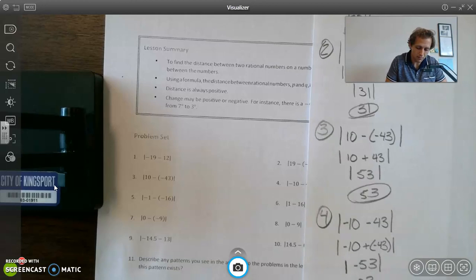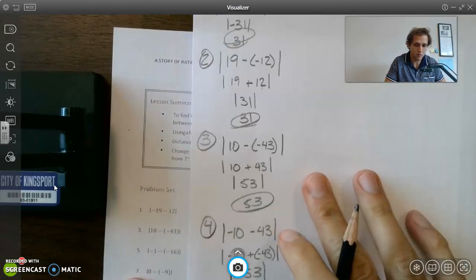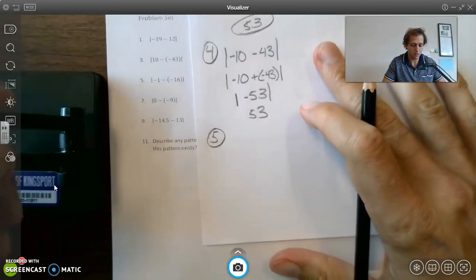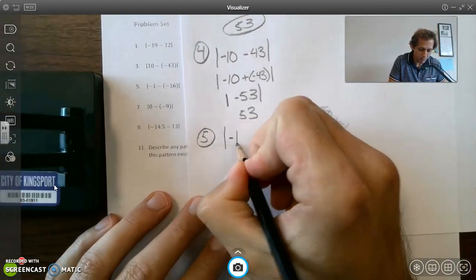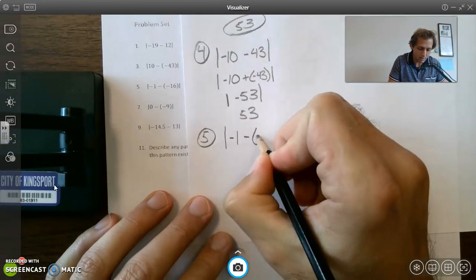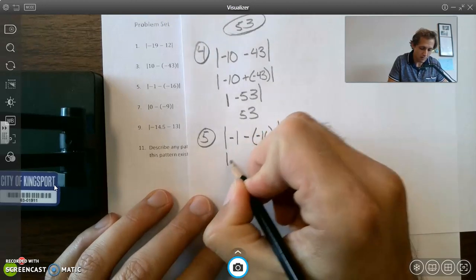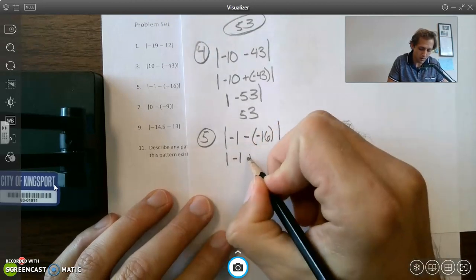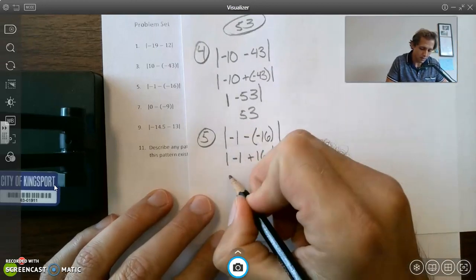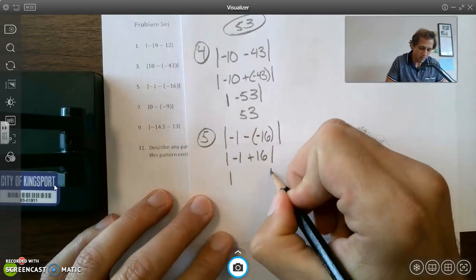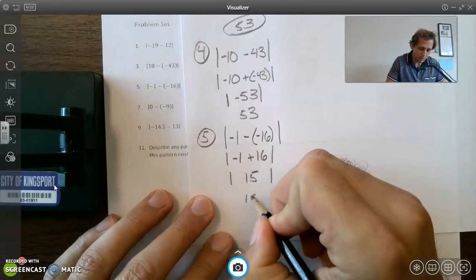Number five. Scoot this down a little. The absolute value of negative 1 minus negative 16 is the absolute value of negative 1 plus 16, which is the absolute value of 15, which is 15.